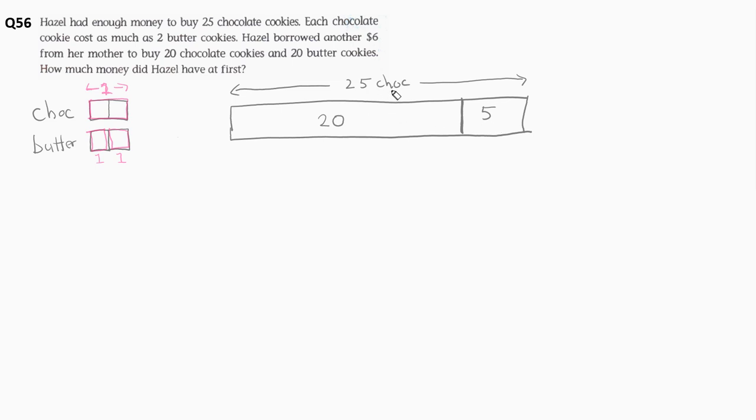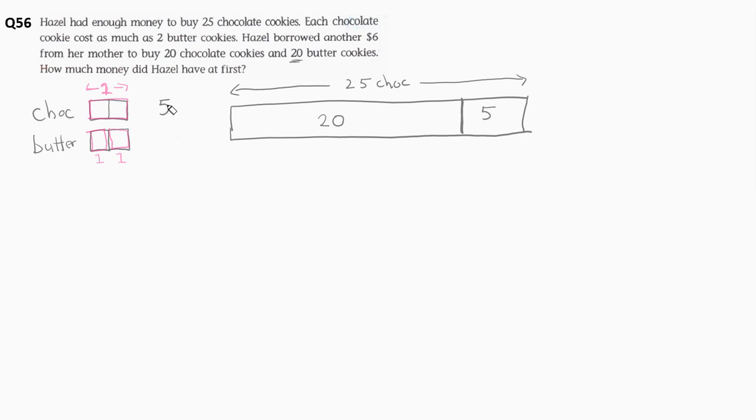What did she buy instead? Well, with the additional $6 and whatever she saved by not buying these 5 chocolate cookies, she bought 20 butter cookies. Now, what do we know about 5 chocolate cookies? How many butter cookies could be bought for 5 chocolate cookies? Well, 1 chocolate cookie is 2 butter cookies.